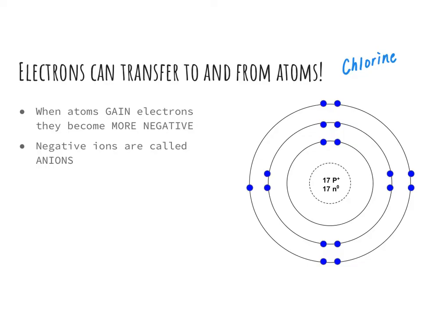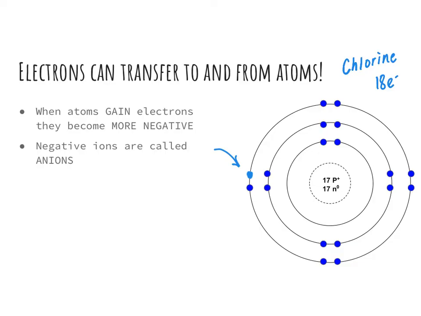However, if my chlorine atom gains another electron, so I'll put a little arrow where that's gaining, it now would have 18 electrons. When atoms gain electrons, they're actually becoming more negative. And these negative ions are also called anions.